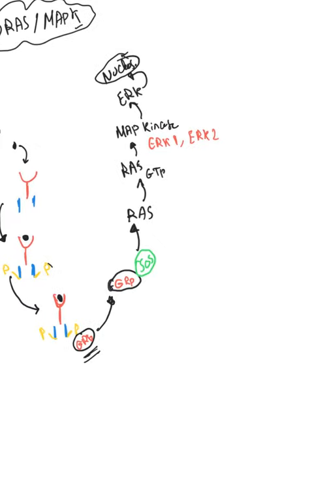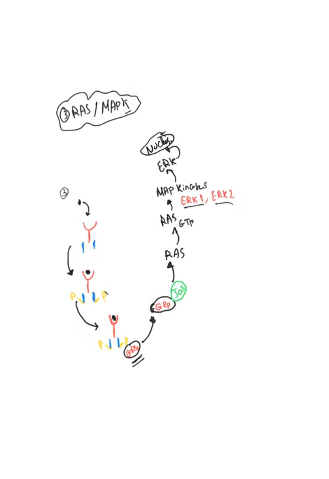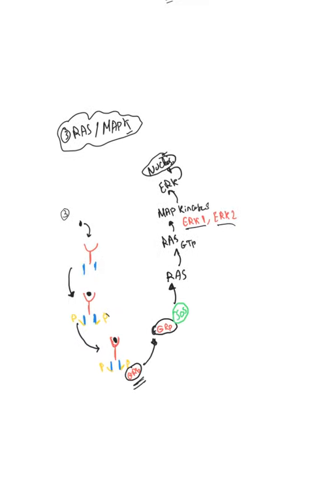And then RAS GTP would activate MAP kinases. These kinases are like ERK1 and ERK2. And then ERK would finally go inside of the nucleus. The purpose of the whole thing is to go inside of the nucleus and change the gene expression.